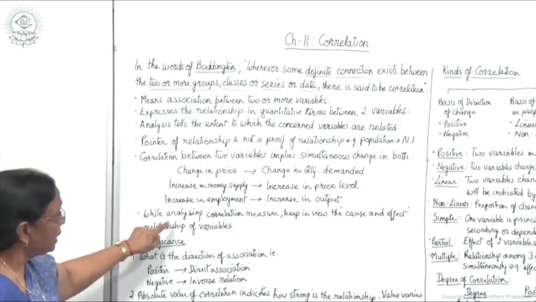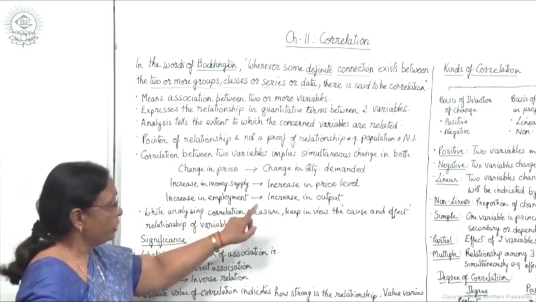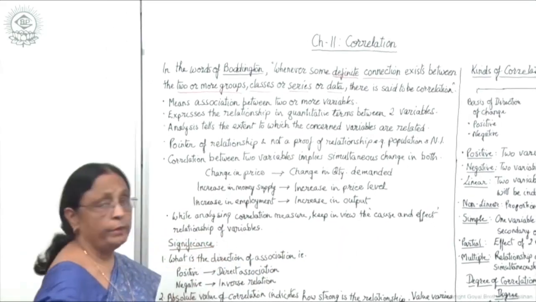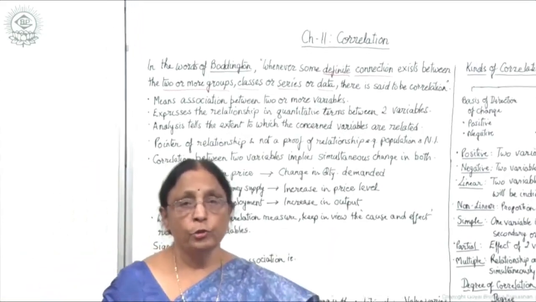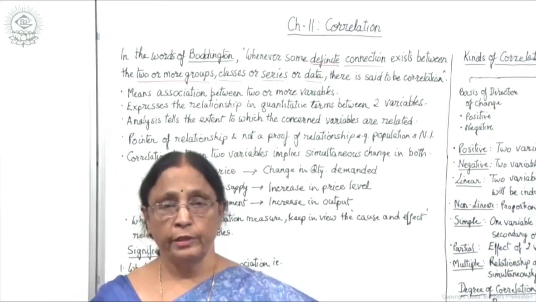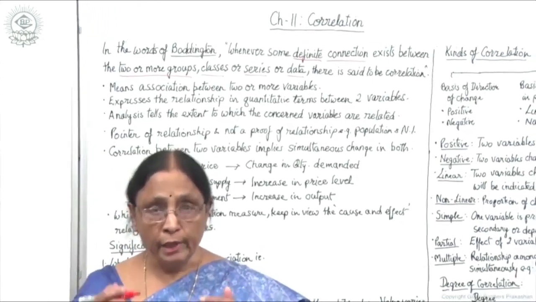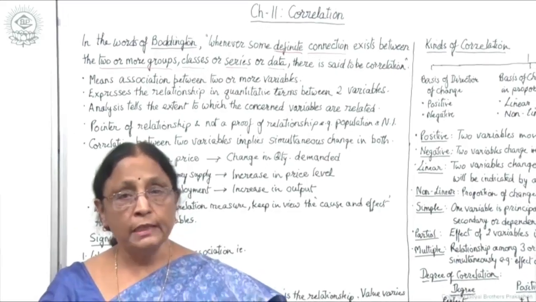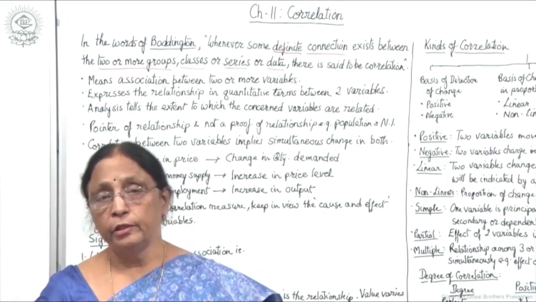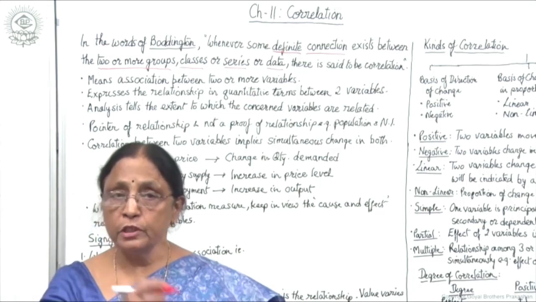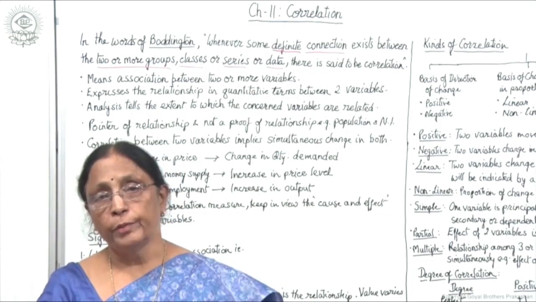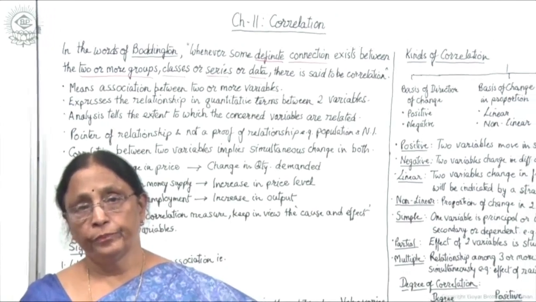Next, while analyzing a correlation measure, keep in view the cause and effect relationship of variables. Once you know that there is a correlation and both are changing, when you are analyzing the data or any fact, you have to see which is the cause and which is the effect, as I gave you the example of price and demand.